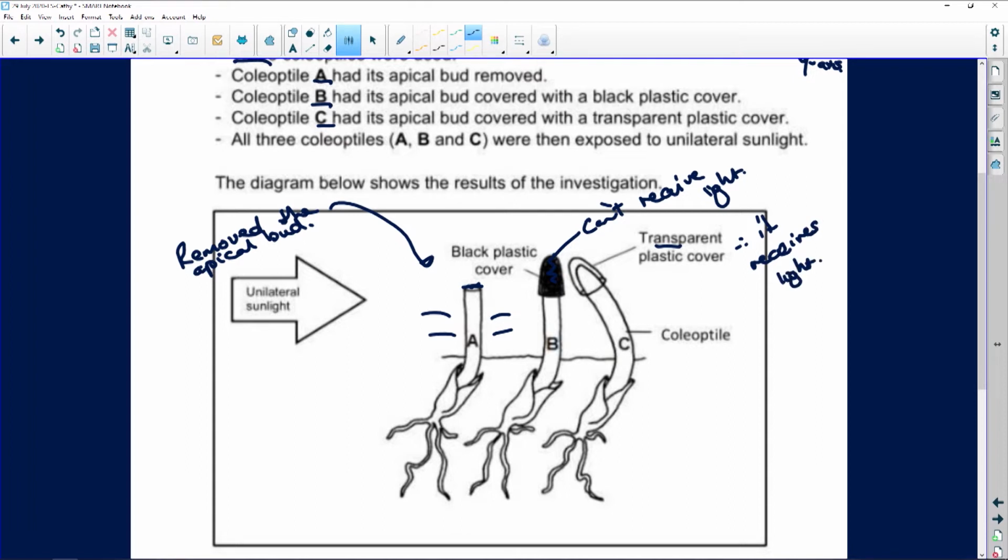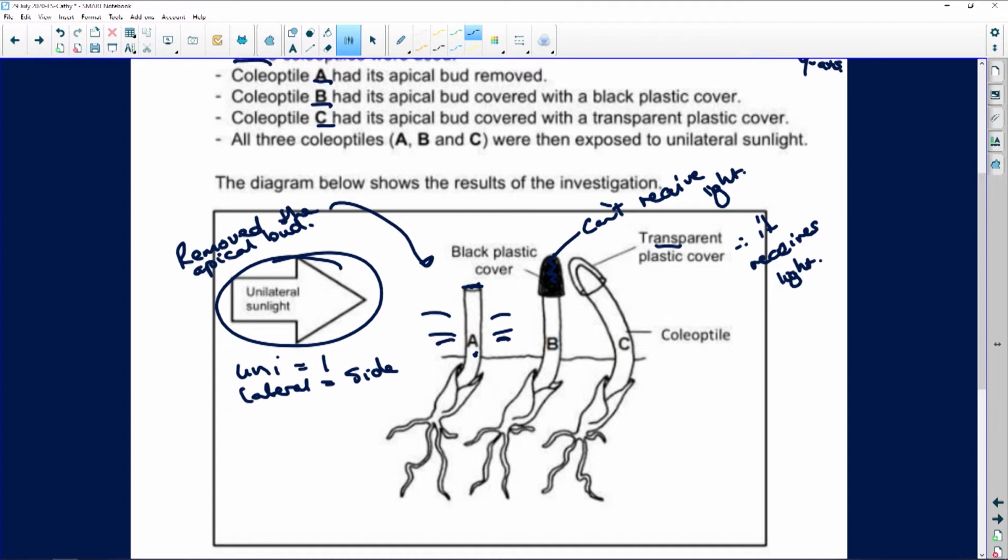But look at this. What's this say? It is uni. Uni means one. And lateral, as I told you just now, means light from the side. So it's receiving unilateral sunlight, which means what's going to happen? This little guy is going to carry on straight up, and it's going to get nice and fat on the sides here.